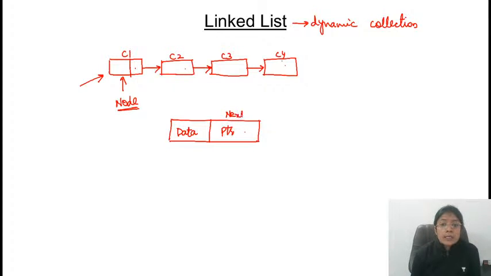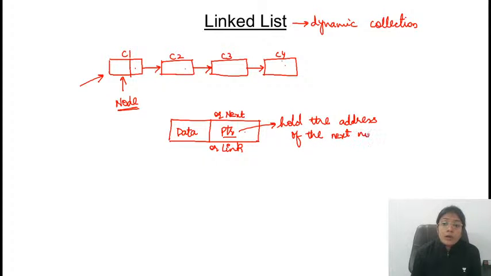So data is simply some element, and the second part, pointer or next or link, is going to hold the address of the next node. Correct?